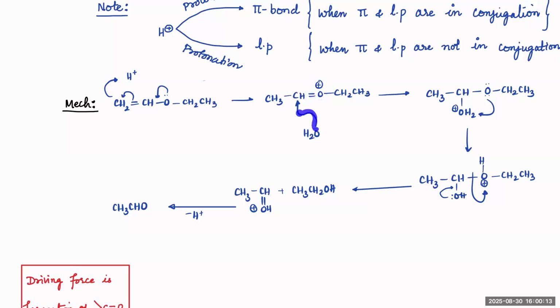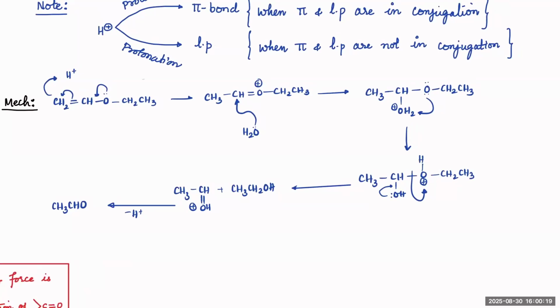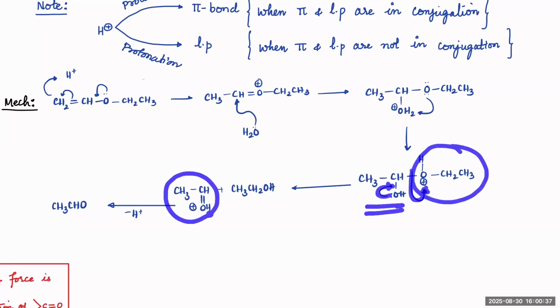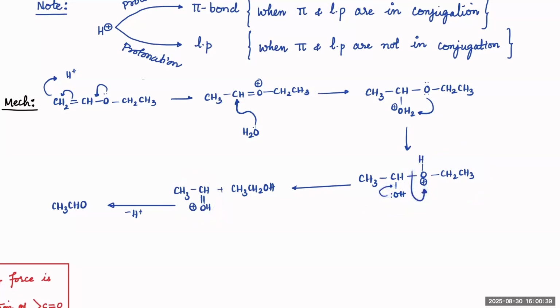Water will attack on this carbon because the pi bond can shift onto oxygen. Internally, this oxygen can take H plus and convert itself into OH plus, which becomes a good leaving group. To push this group away, the lone pair will push here, remove this ethanol, and thereby this will become the aldehyde form.